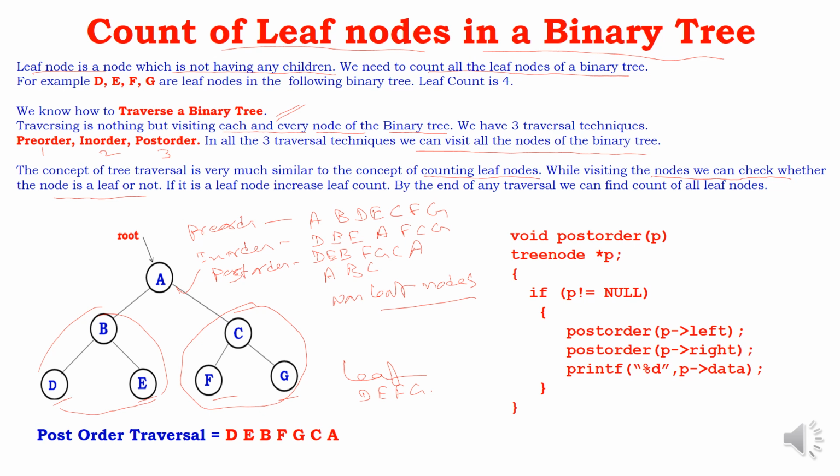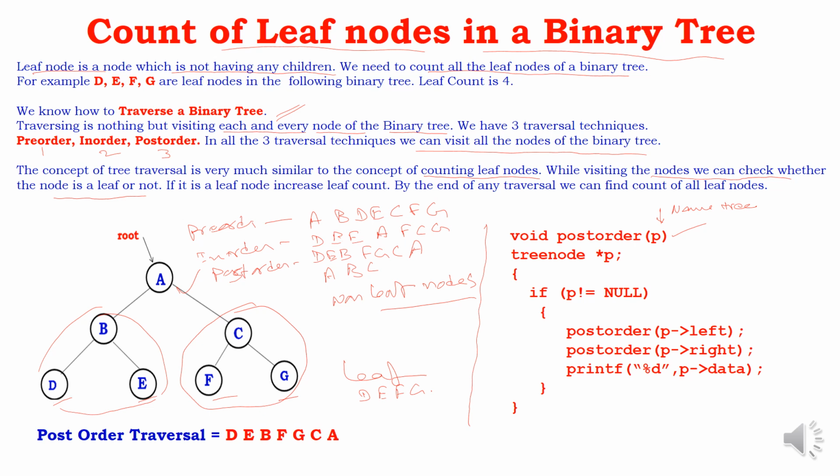So we may use the pre-order, in-order or post-order concept to check whether a particular node is a leaf node. For example, let us consider post-order. See here, postorder(P), where P is the name of the tree, a binary tree.